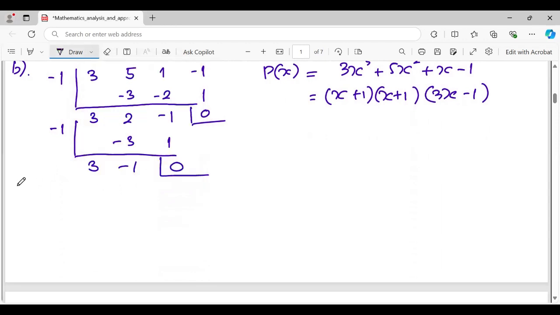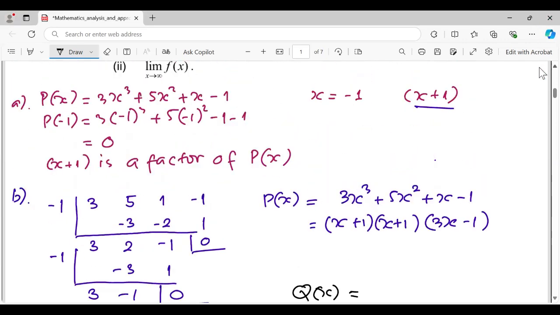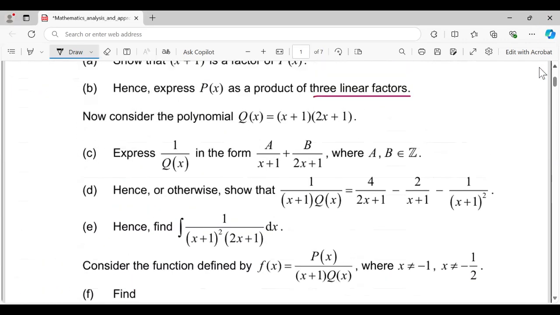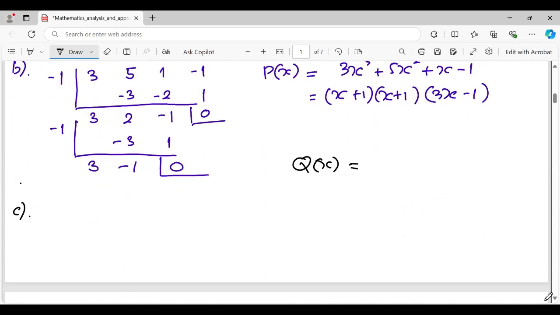So C, 1 over qx equals... we can check, qx is x plus 1 times 2x plus 1, okay?